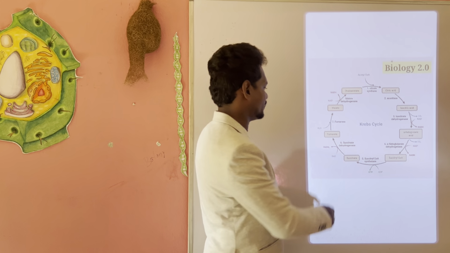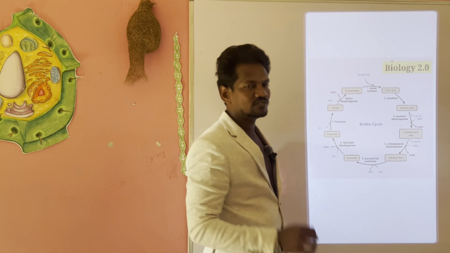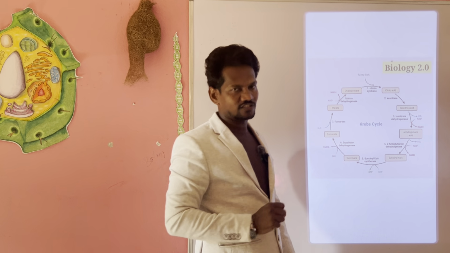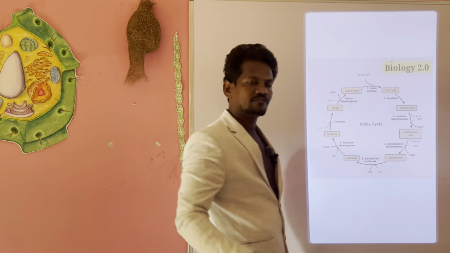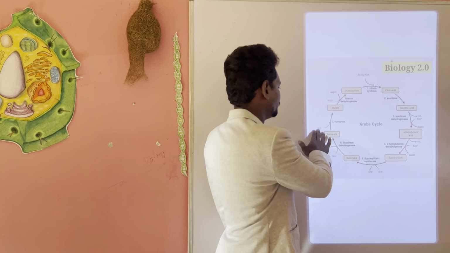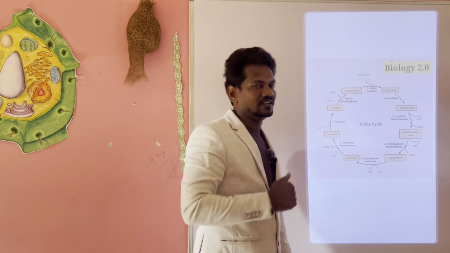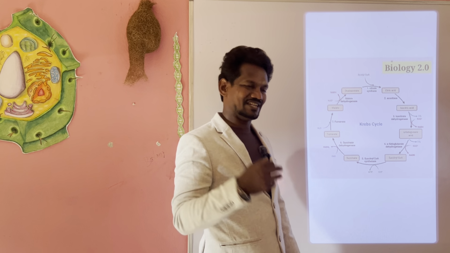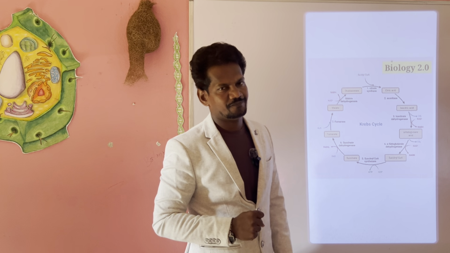The next reaction: fumarate or fumaric acid is converted into malate or malic acid. Here an enzyme called fumarase is involved, and one molecule of water is added in the reaction. That is called hydration. Addition of a water molecule in the reaction is called hydration.